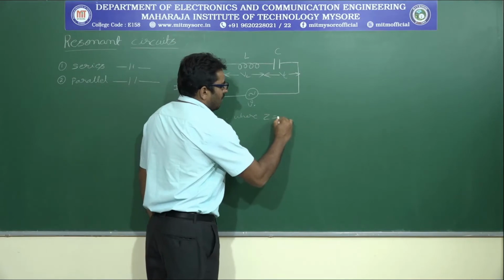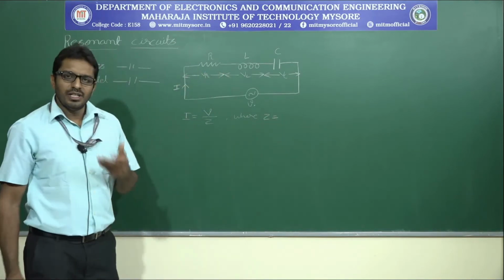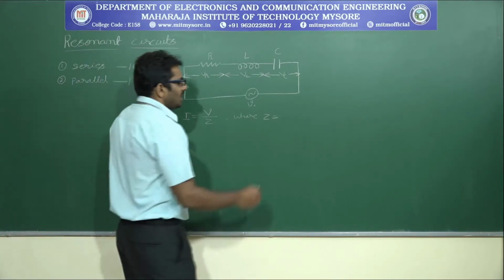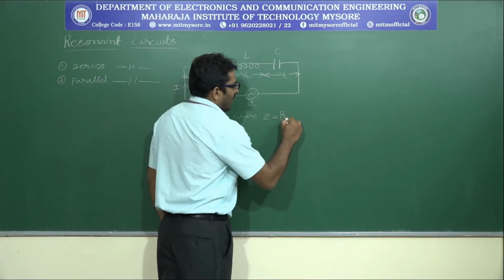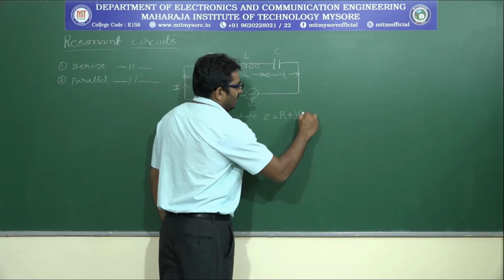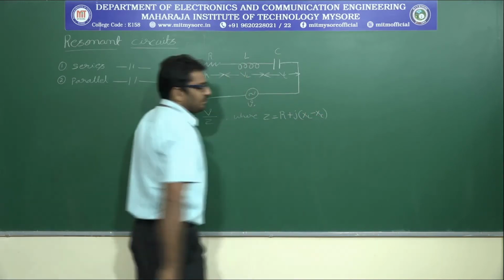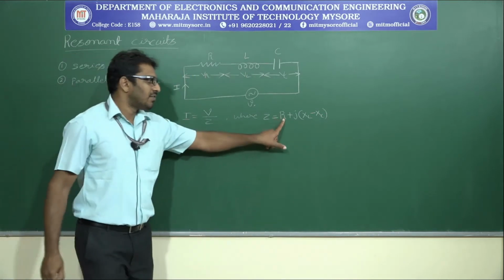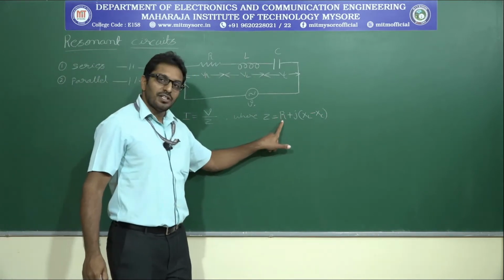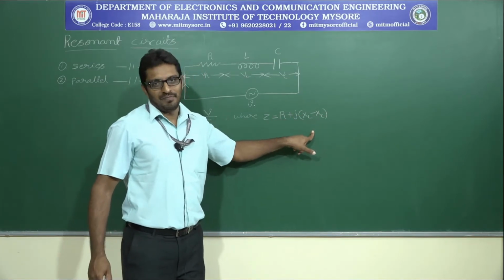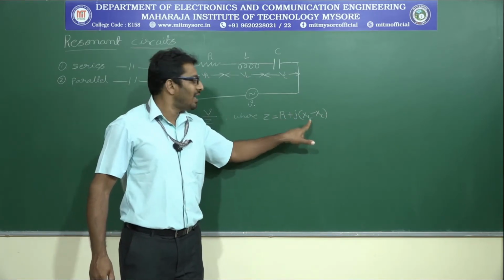Where Z is equal to, so you know the general formula to find the impedance of the circuit? Z is equal to R plus j into (XL minus XC). R is the resistance of the circuit, the resistive part, and the second part is known as the reactive part. What are the reactive elements here?